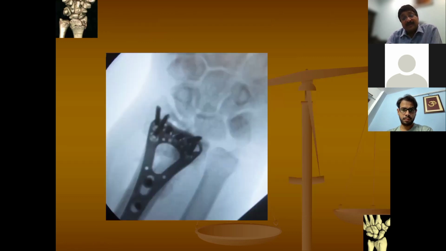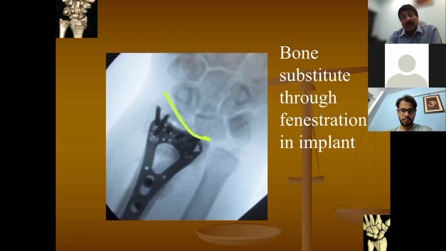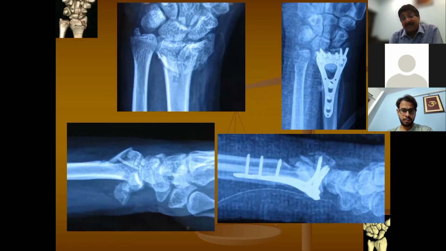After that, fixation is completed, and you use bone substitute to support your comminuted articular fragment. This is the same example. You can see there was a lot of comminution, but the articular surface is very well reduced.